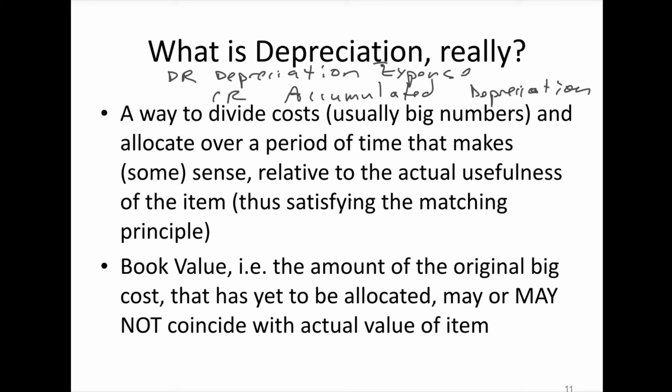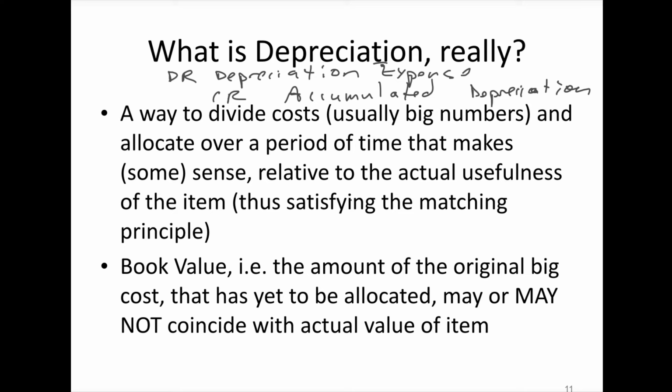Okay, so no matter which method of depreciation we talk about, and the three methods that we'll talk about are straight line, units of production, and double declining balance, those three methods will get me a number. Depending on which method I use, I will get however much depreciation I need to recognize each year. Once I have that number, I just plug it into this journal entry. Okay? No matter what it is I'm depreciating, the journal entry will always look like that.